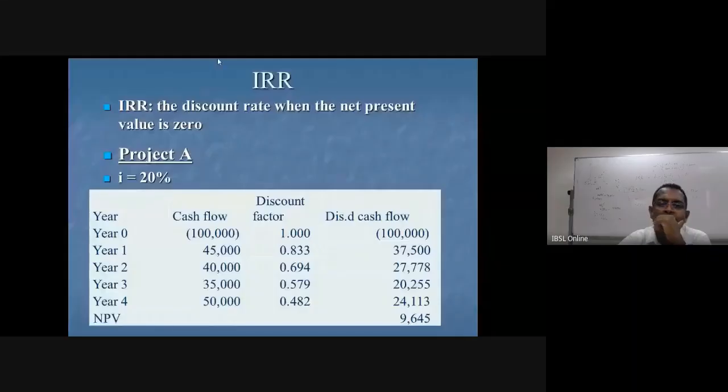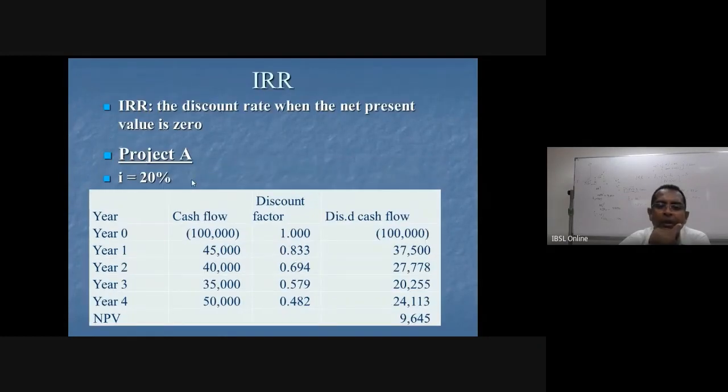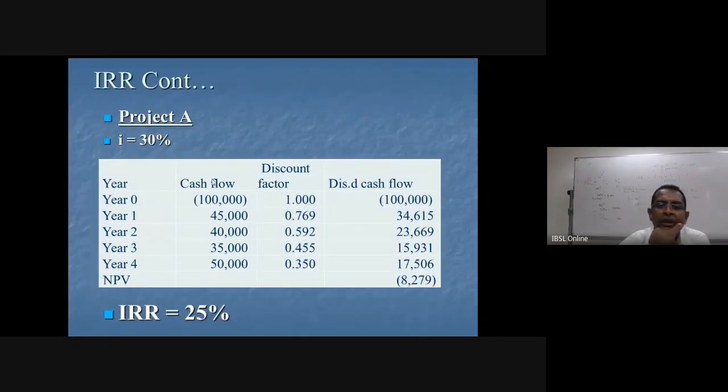So project A, you calculate the IRR using that formula, you get NPV A at 29,000. Then you put 30, it is negative 8,000.